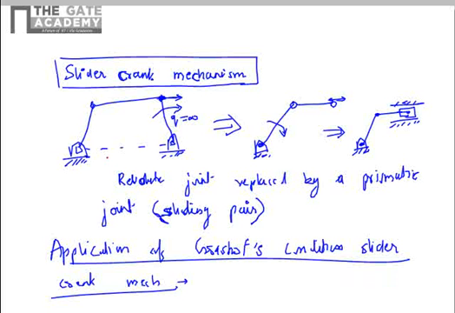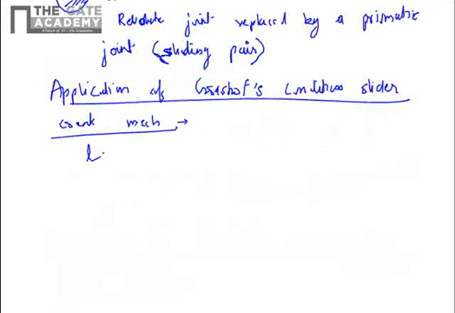So we usually have the longest link L, the shortest link S, which is usually the crank, having complete rotation possible, and the other two links are called P and Q. So Grashof's condition is that L plus S must be less than P plus Q.